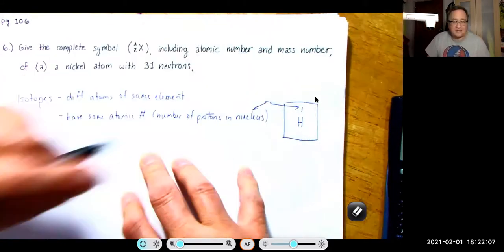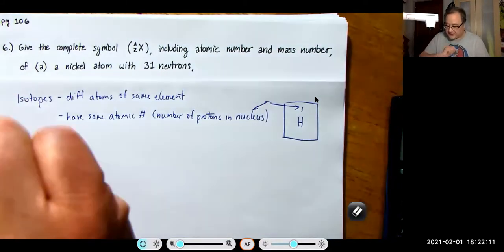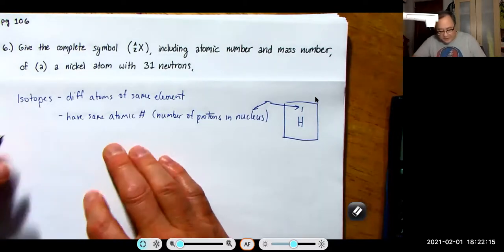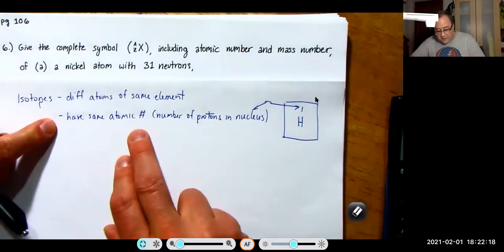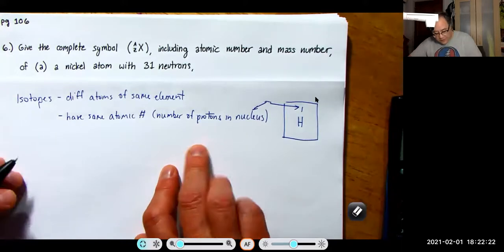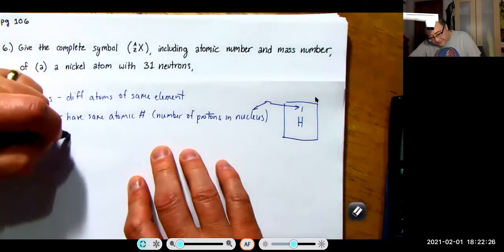So any atom that has 1 proton in the nucleus, it's a hydrogen atom. So isotopes have the same atomic number, which is the same number of protons in the nucleus. Okay, but isotopes also have a different number of nucleons.